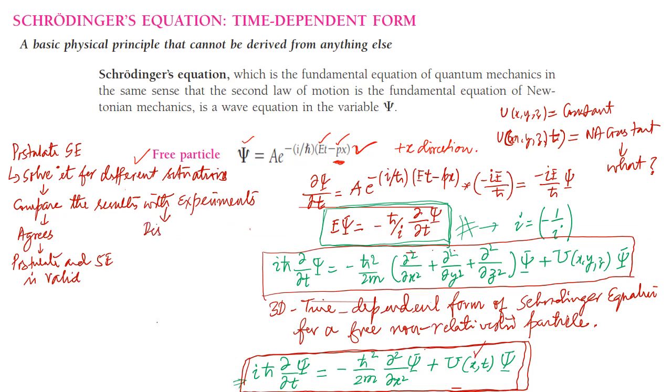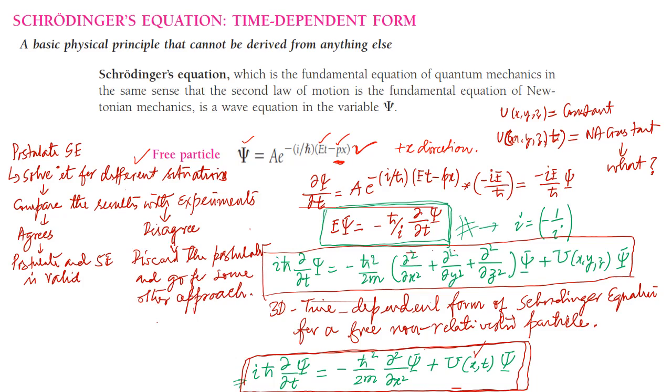And if it disagrees, then we discard the postulates through which we have written the Schrodinger equation, and go for some other approach. So it's quite simple.